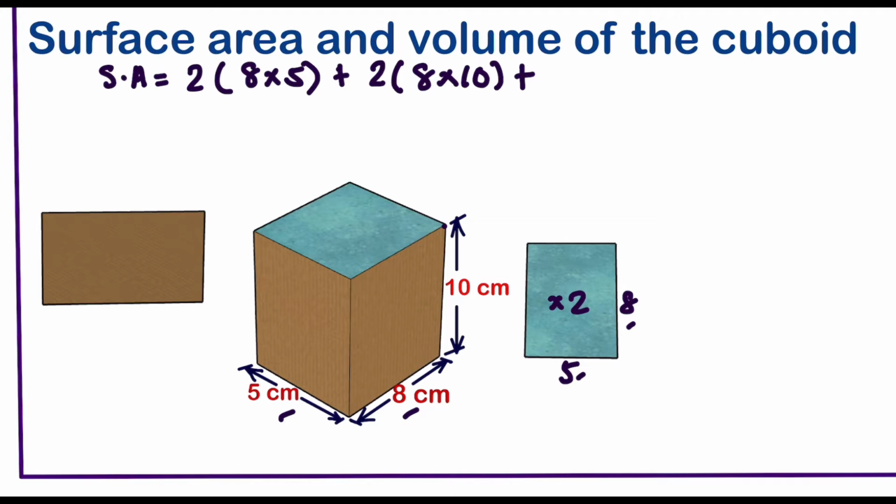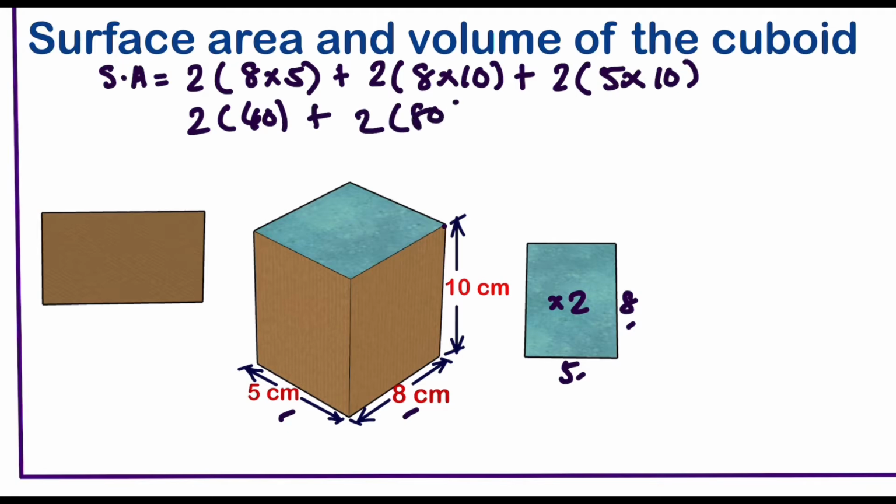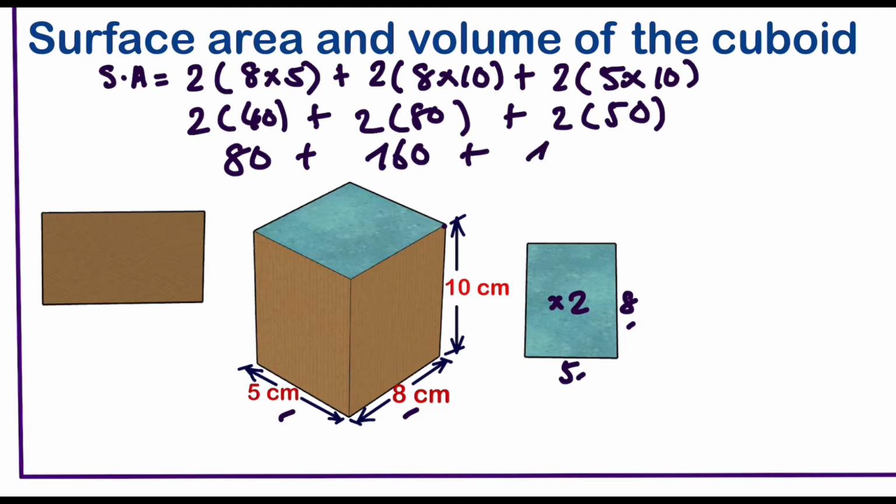So we are going to have 2 bracket, don't forget you are adding them up, 5 times 10. So this will still give us 80, this will give us 160, this will give us 100.